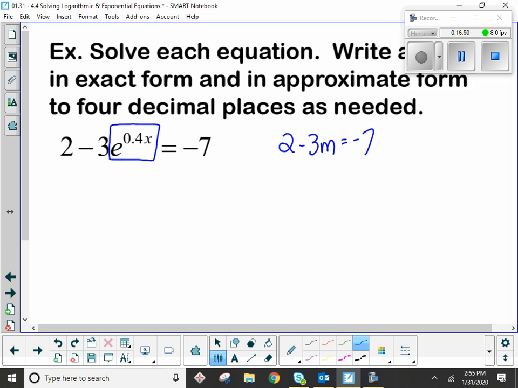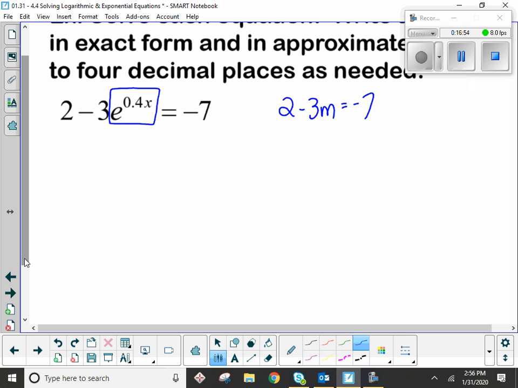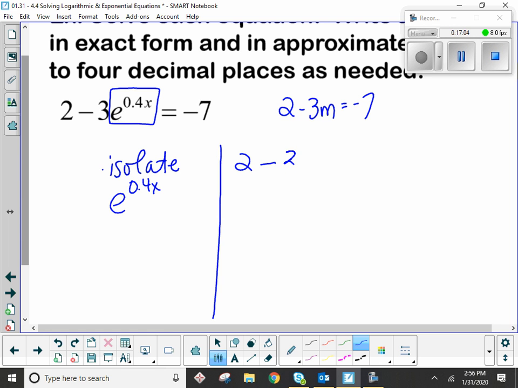It's the same thing we're going to do over here. Okay. So our first step, or our first several steps, is to isolate the e to the 0.4x. And we do that by subtracting 2 first.